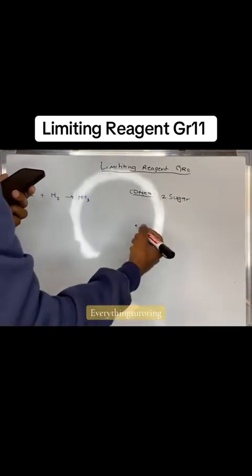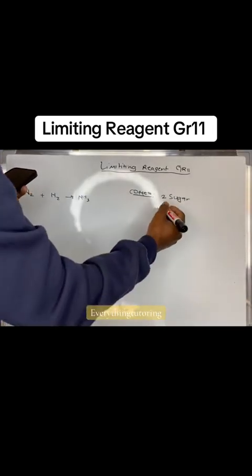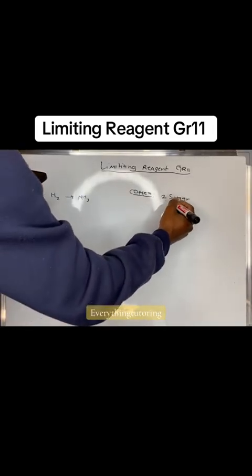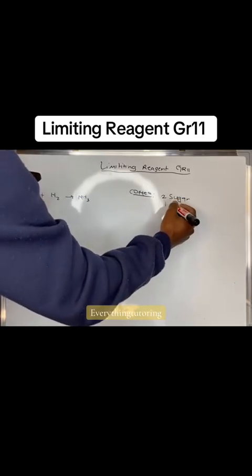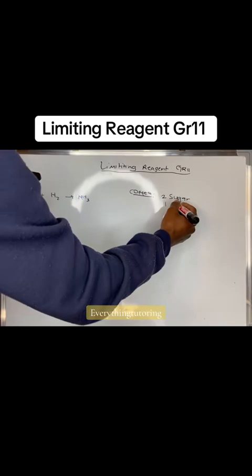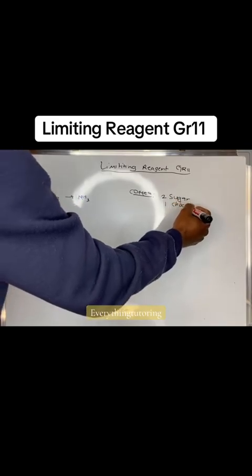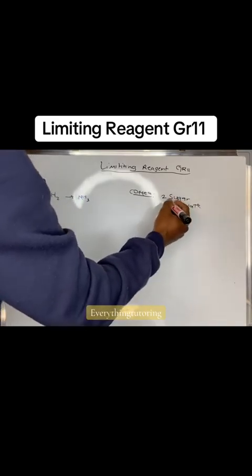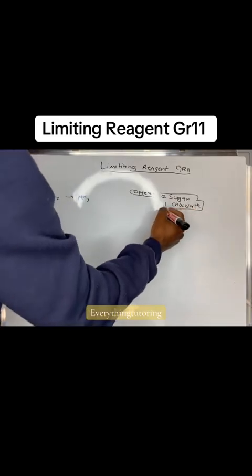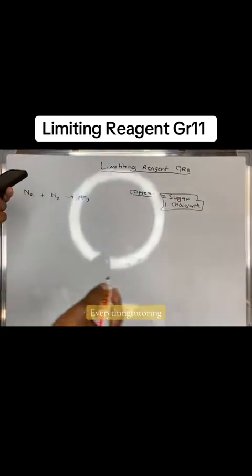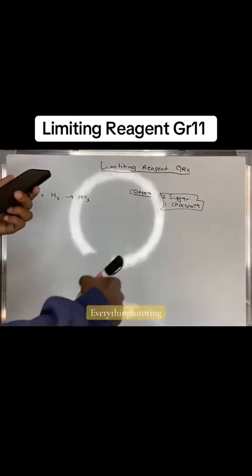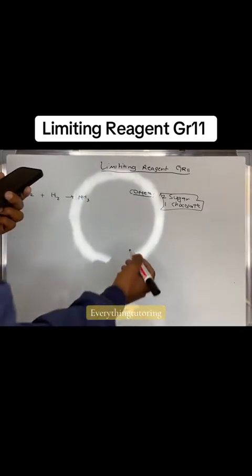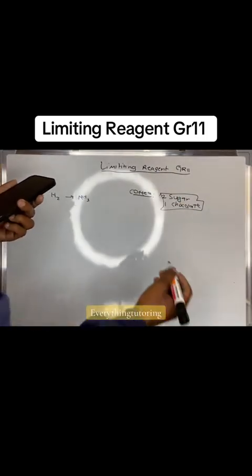And let's say it's hot chocolate, and for every 2 spoons of sugar you need also 1 spoon of chocolate. So every 2 spoons of sugar you need one chocolate.